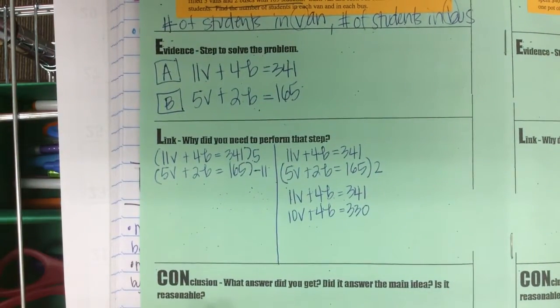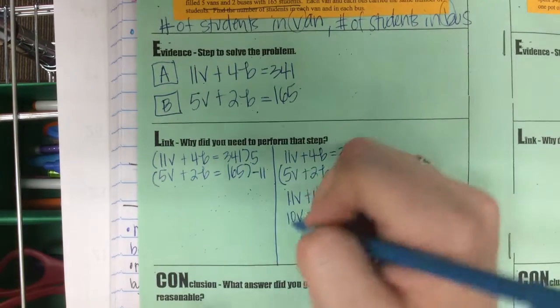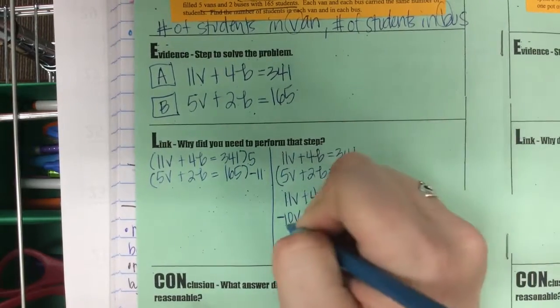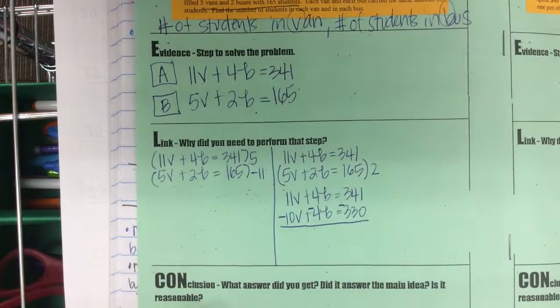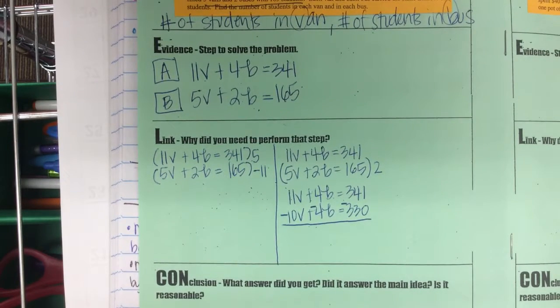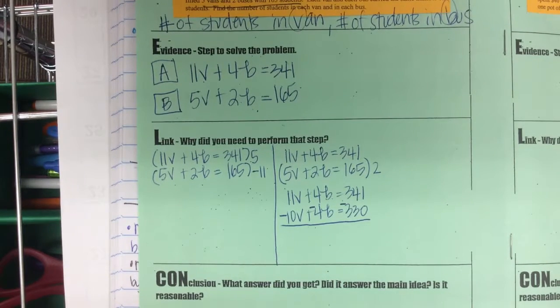And I look at that and I say, oh, that's so close. I should change everything down here, which is the same thing as multiplying by negative 2. And my numbers are much smaller and easier to deal with. But you have to have a good understanding of your factors to do that.